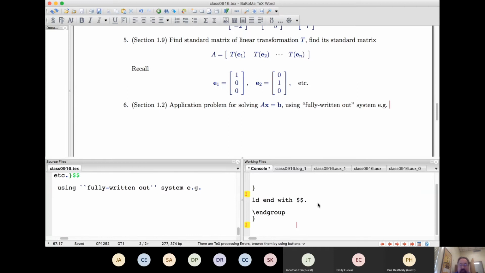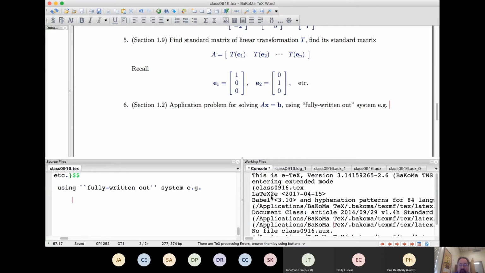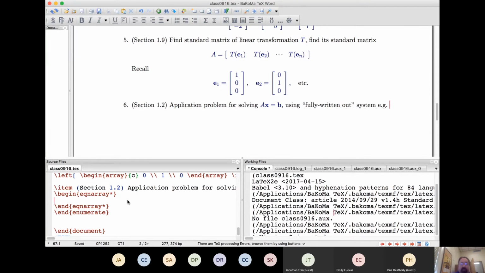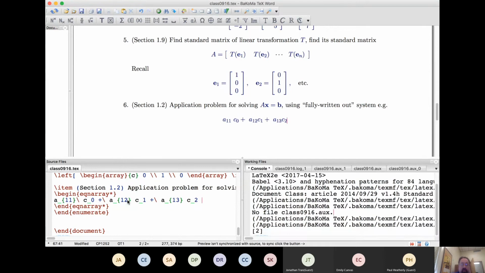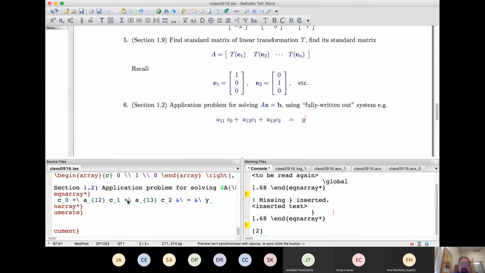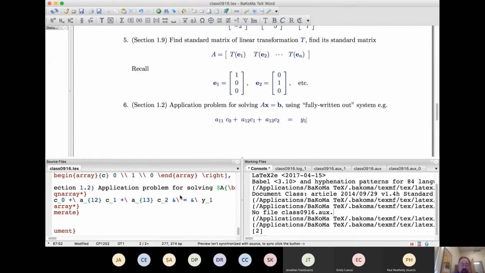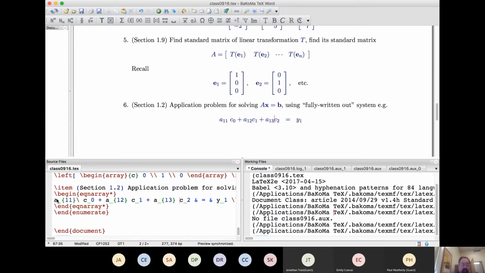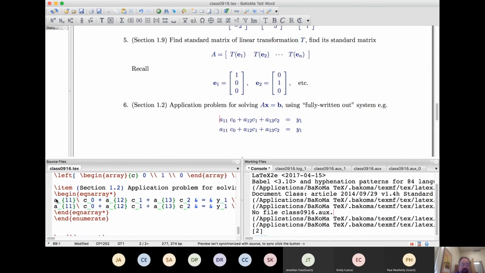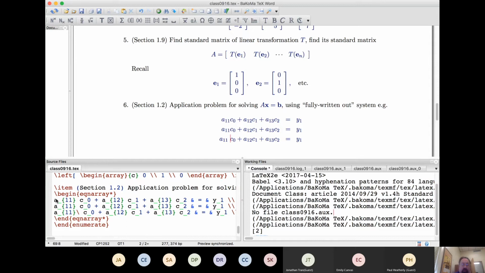Something's off here. Oh, okay. So suppose you might have a system of three equations, three unknowns, something of this form.